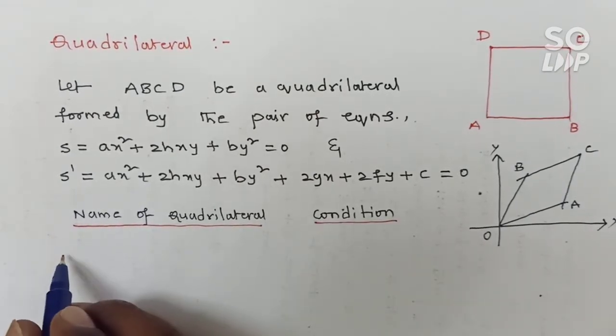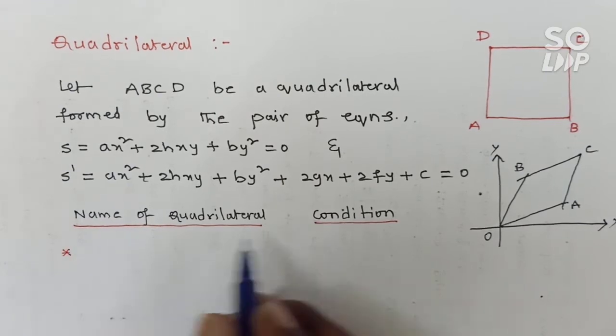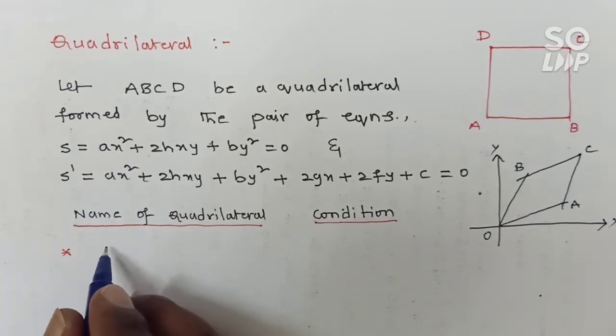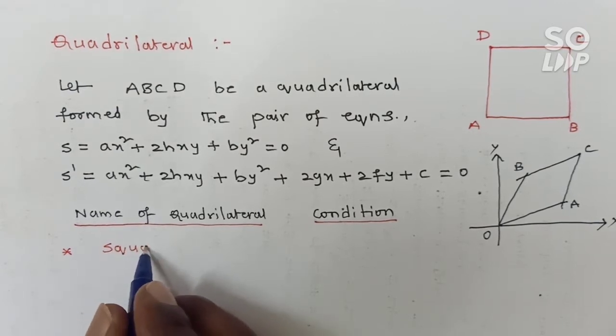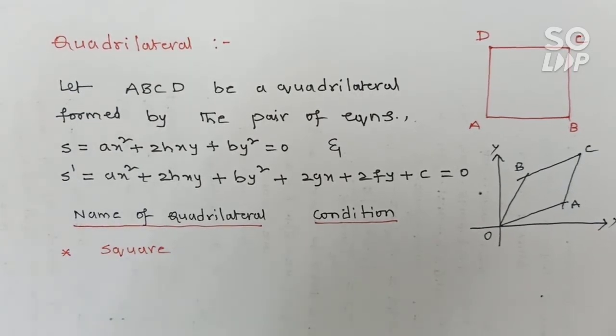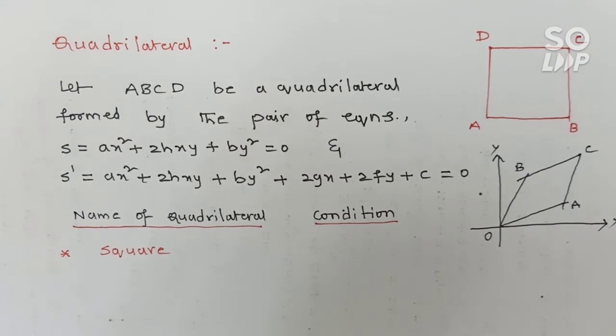Name of the quadrilateral means, suppose this quadrilateral is a square. Then what is the condition?